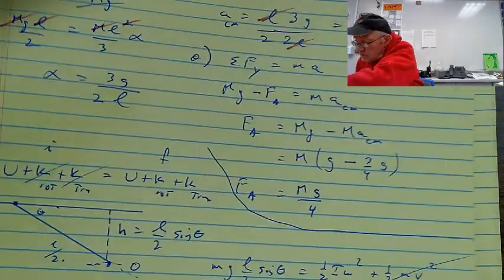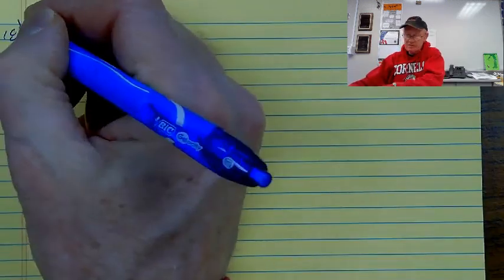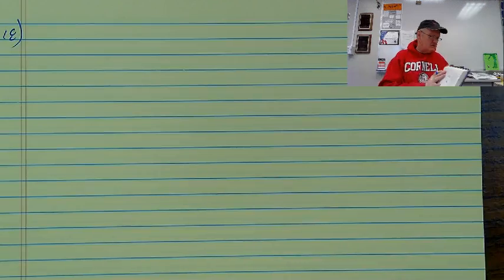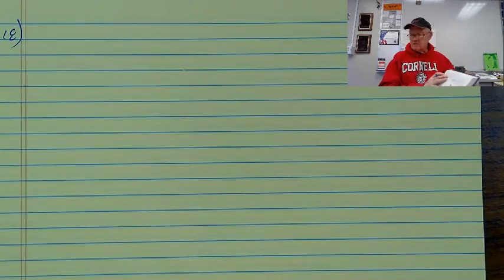I wanted to look at question 18, which is one of your assigned problems, and I apologize, I should have covered this idea the other day. It didn't pop into my head. This problem says we're heading straight toward the summit of Pikes Peak. An airplane of mass 12,000 kilograms flies over the plains of Kansas at a nearly constant altitude of 4,300 meters, 4.3 kilometers, with a constant velocity of 175 meters per second to the west.